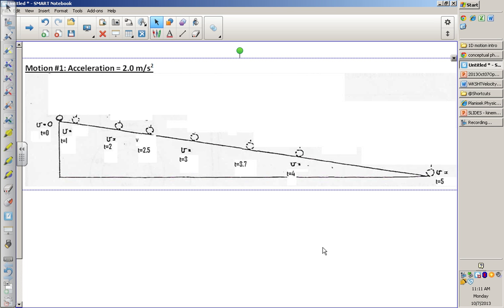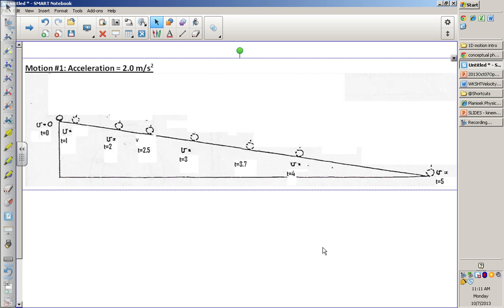It's constant, right? So if we have a constant acceleration, physically, what does that look like? If we saw something that was constantly accelerating, what would it be doing? It would be going like this, on a graph, yes. Physically, if we saw it out there in the real world, it'd be getting faster and faster and faster.